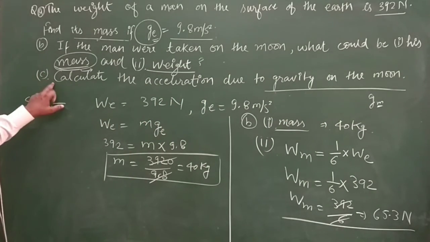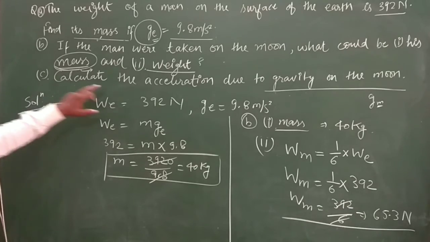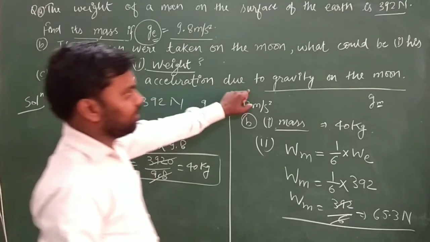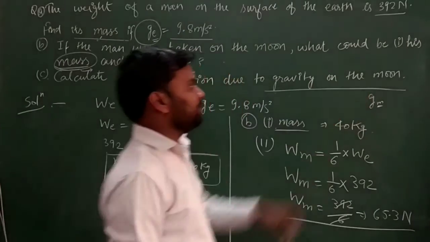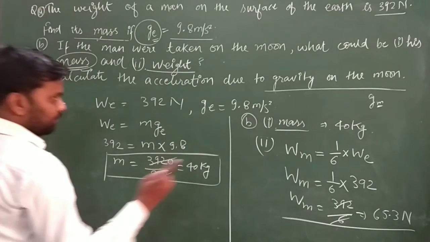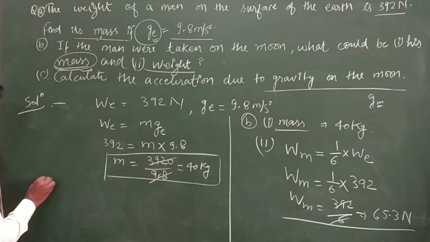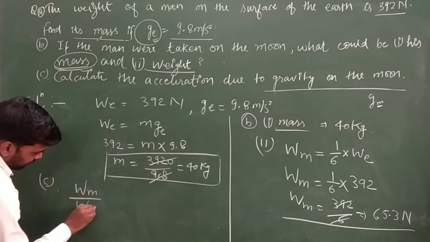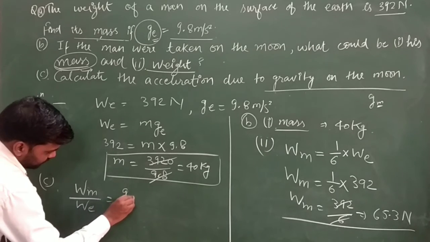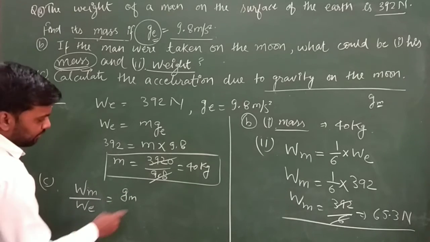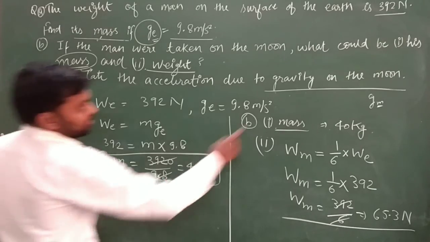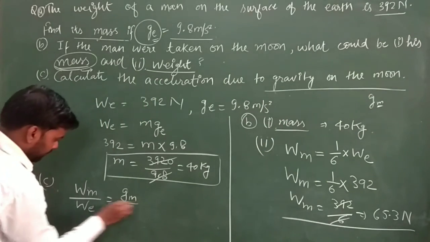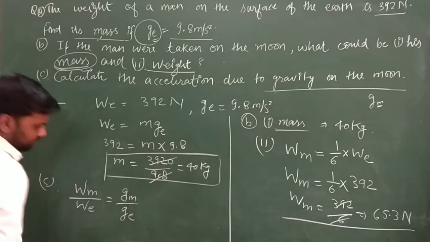Now in the C part, it is saying to calculate the acceleration due to gravity on the moon. What will be the acceleration due to gravity on the moon? That is g_m. So we know that weight on moon upon weight on earth will be equal to gravity on the moon upon gravity on earth.